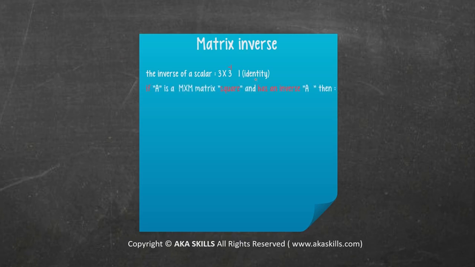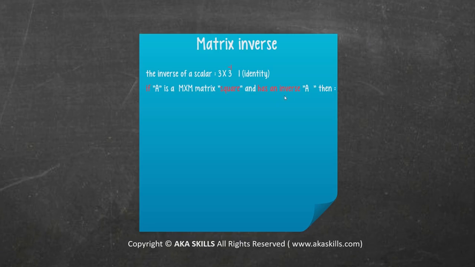So in the matrix world, if A is an M by M matrix, what does that mean? Square. If we have a square matrix that has an inverse, and I specifically mention that it has to have an inverse because not all matrices have one.